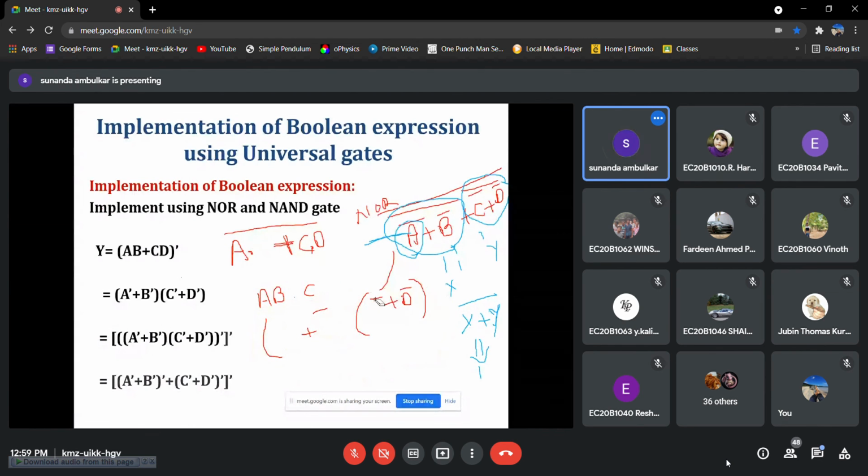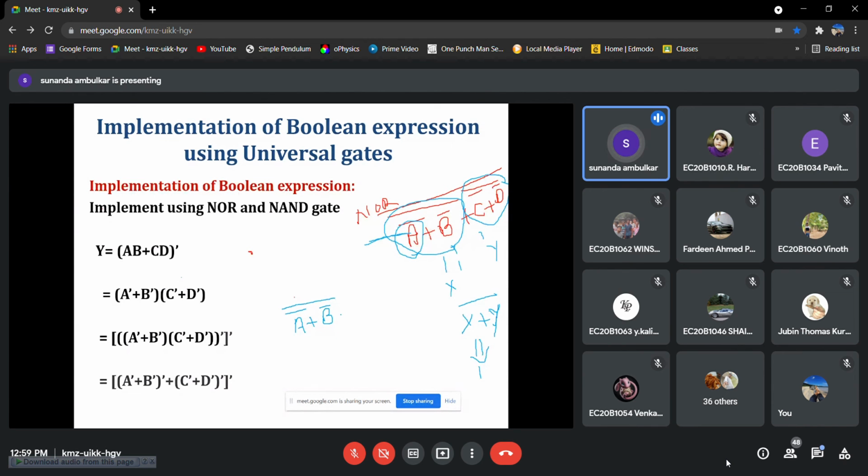It will be like this. Okay, so A bar plus B bar, this whole bar, this is one term, plus C bar plus D bar, the whole bar.